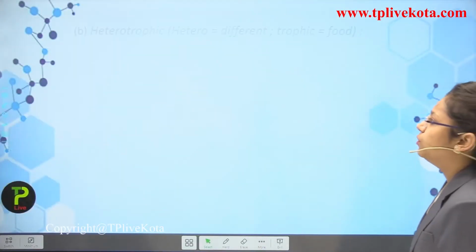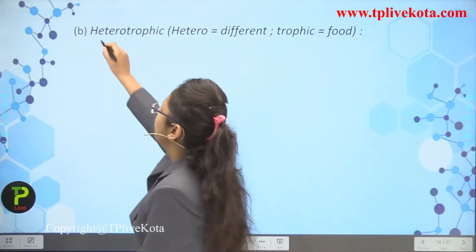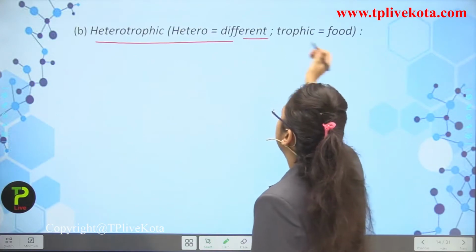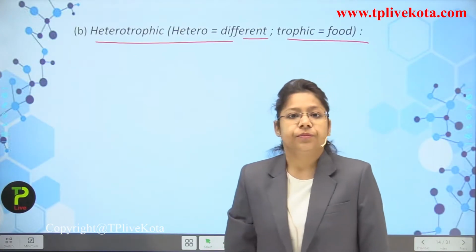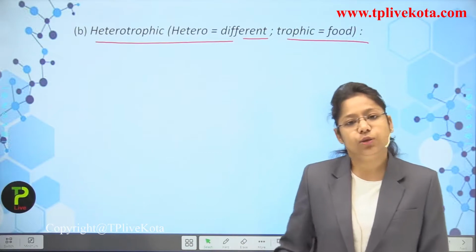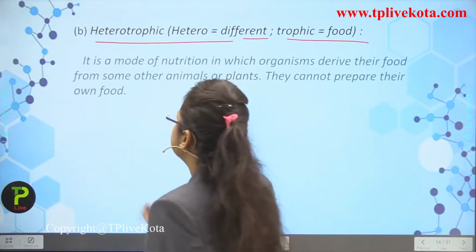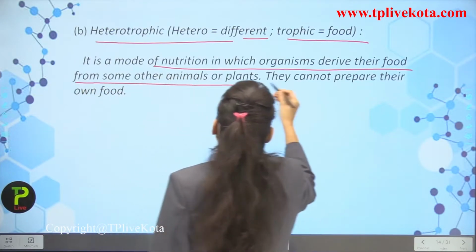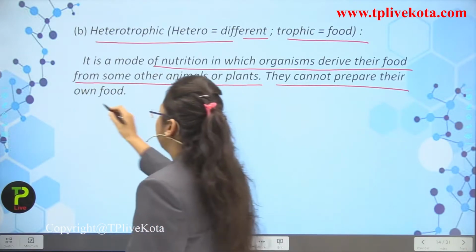Now move on to the next topic, that is the heterotrophic mode of nutrition. Hetero means different and trophic means food. It is the mode of nutrition in which organisms derive their food from other animals or plants. They cannot prepare their own food.